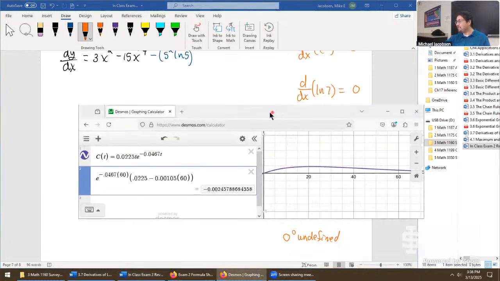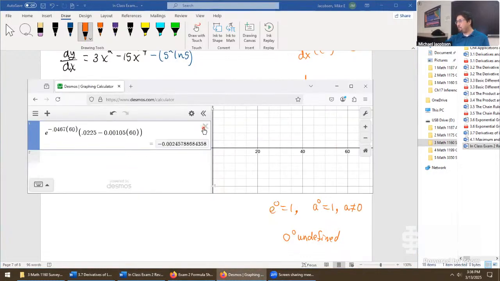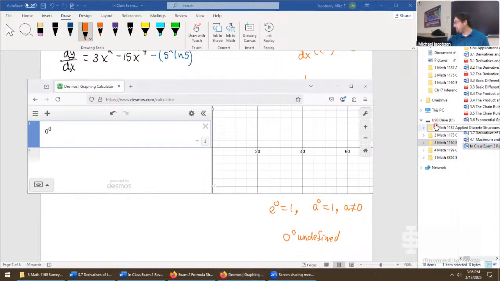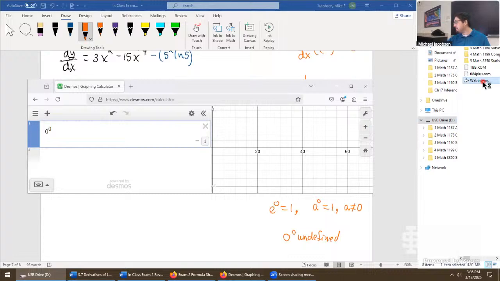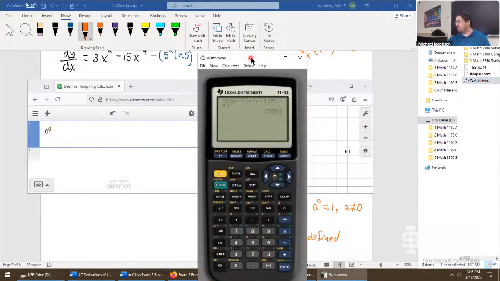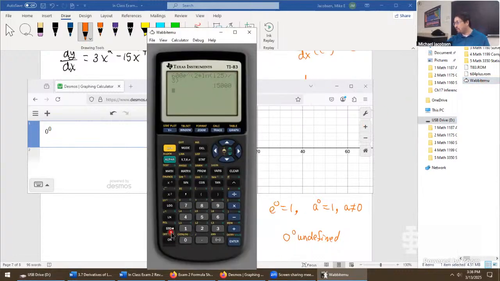You know, I'm kind of curious. What does Desmos say about 0 power 0? 1. That's kind of interesting. A lot of programs would say undefined. Maybe one other check on this. Sorry for the sidetrack thought, but this is important exponent laws. On this calculator, 0 power 0, domain error, undefined.